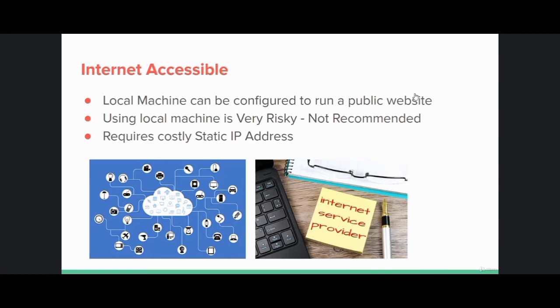Please note, this is highly complex and vulnerable to security risks if not done correctly. Setting up a home computer for a public website is beyond the scope of this course. It is also not a very good practice and requires a static IP address, which can be quite costly and outweighs any potential benefits.